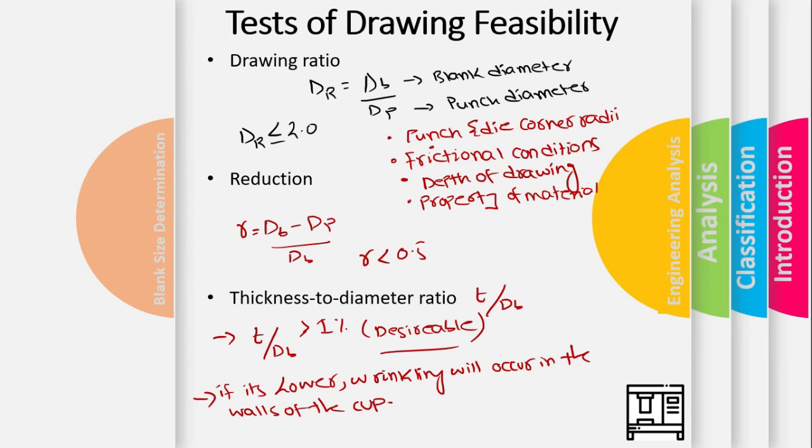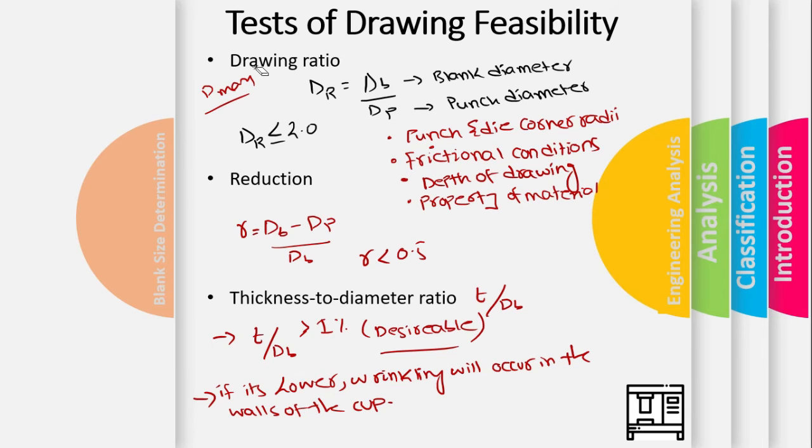So in cases where these limits on drawing ratio, reduction ratio and thickness to diameter ratio are exceeded by the design of the drawn part, the blank must be drawn in two or more steps. If we want such a product that these limits will exceed, then we should perform that operation in multiple steps instead of a single step. As in the case of rolling and forging, in rolling we had the value known as the d max, the maximum draft, which was the maximum amount of reduction possible in a single step.